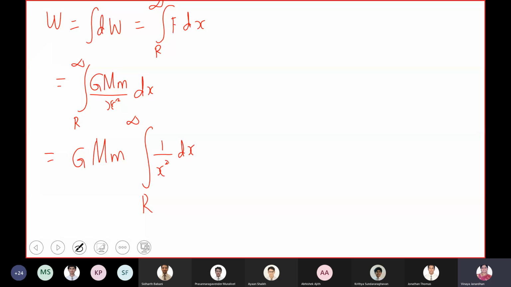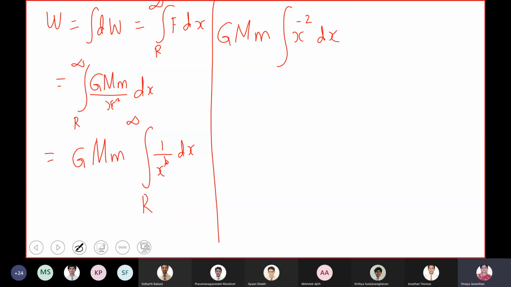You understand this? Okay, next step. It becomes Gmm times the integral of x to the power of minus 2 dx, since 1 by x squared can be written as x to the power of minus 2. Now I have to go for the identity.